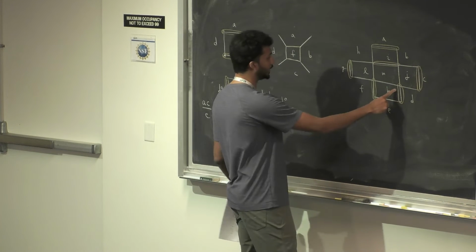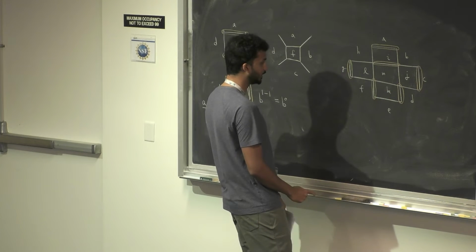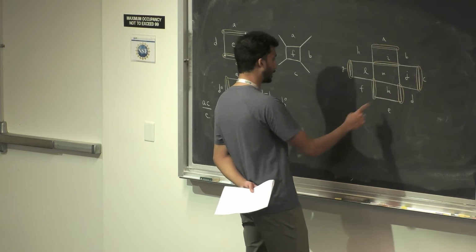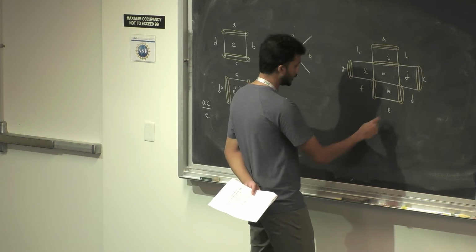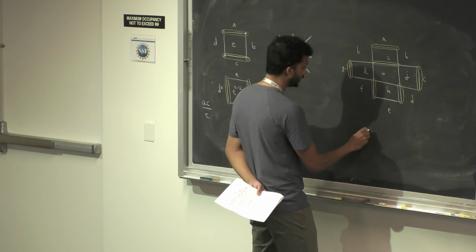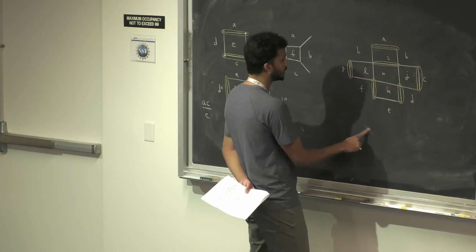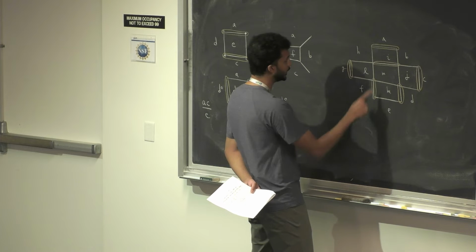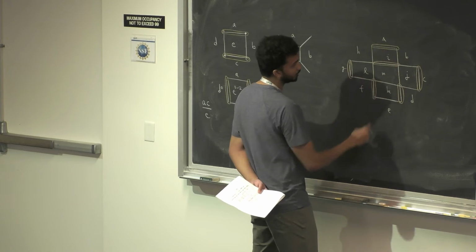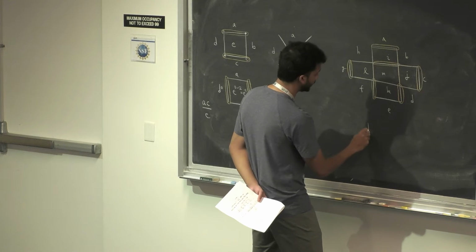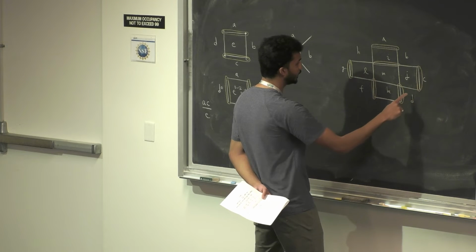So what is the monomial that corresponds to this perfect matching? Let's go in order. A should not appear because there is one dimer cover. B should appear with power 1. C should not appear.